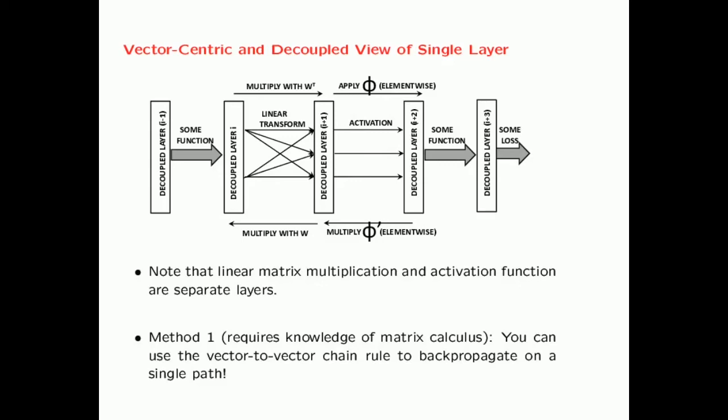In this case, because you have a single path, you can use the vector-to-vector chain rule to backpropagate on a single path. However, we will use a much simpler approach by using the framework we have already developed in previous lectures to derive these updates. These updates will be identical to the ones that you can derive using matrix calculus.